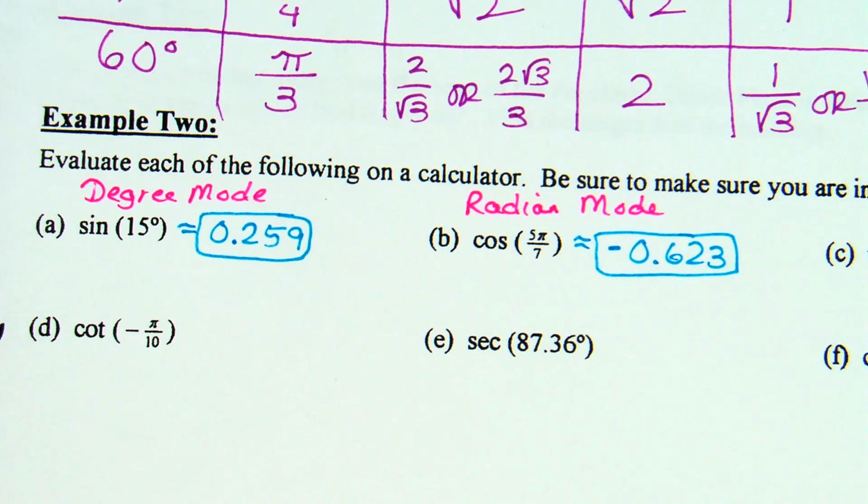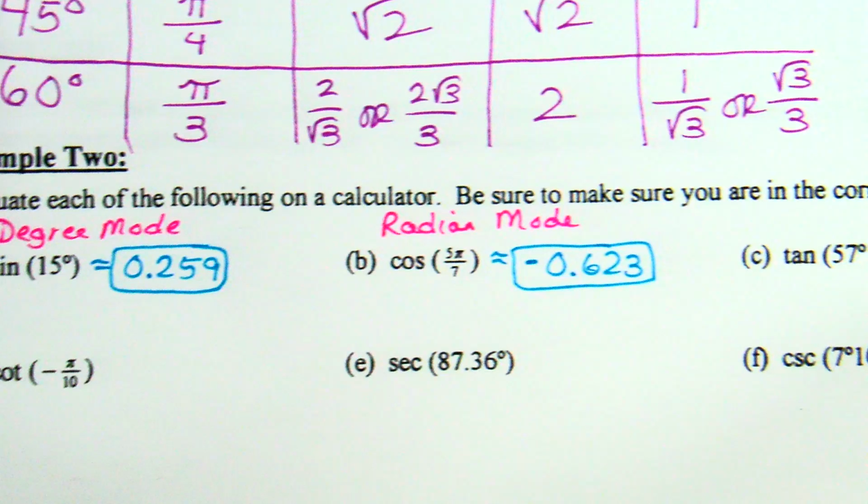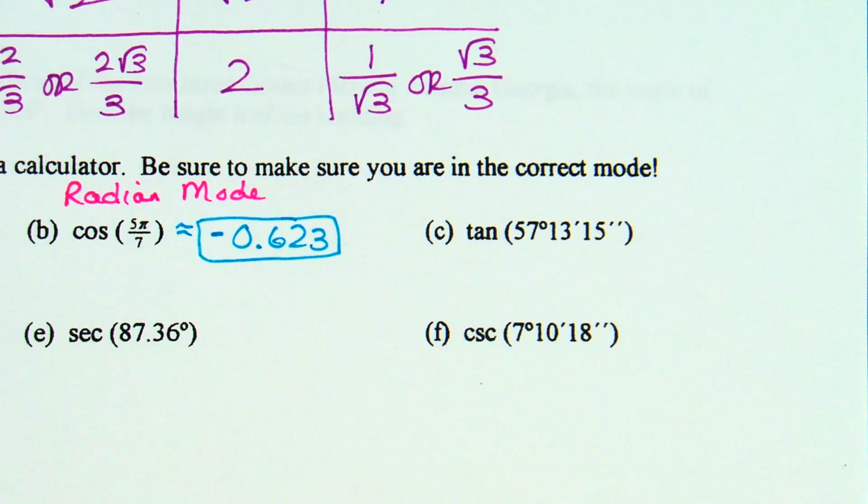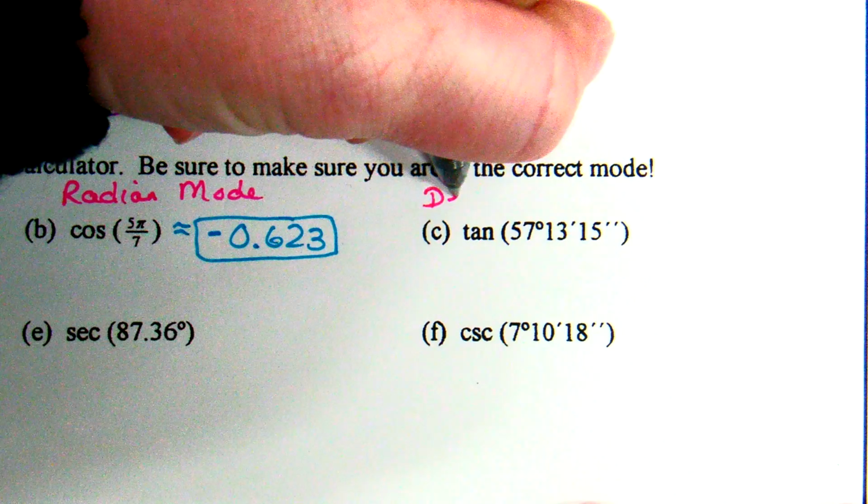Okay, moving along. I don't want to run out of time here. What's the catch on C? It's kind of degrees, but can I enter minutes and seconds on my calculator? No. So we are going to need degree mode.